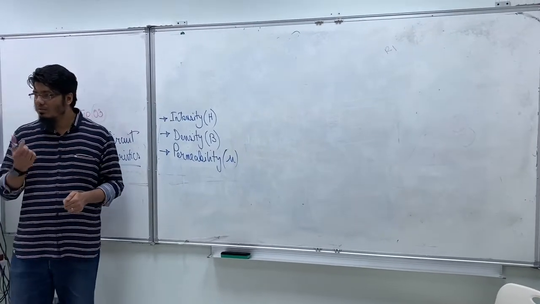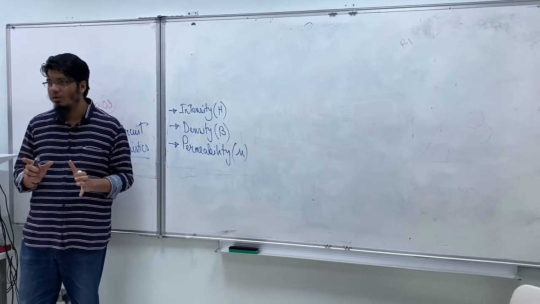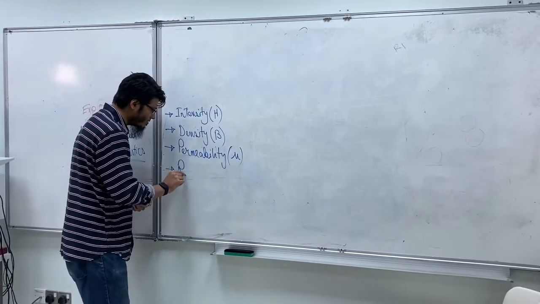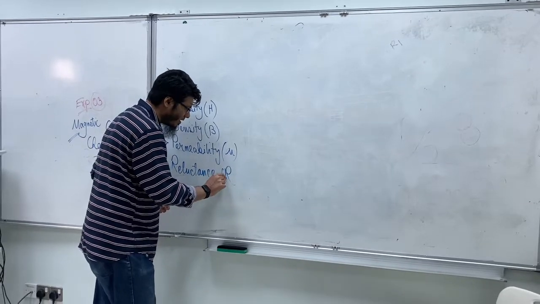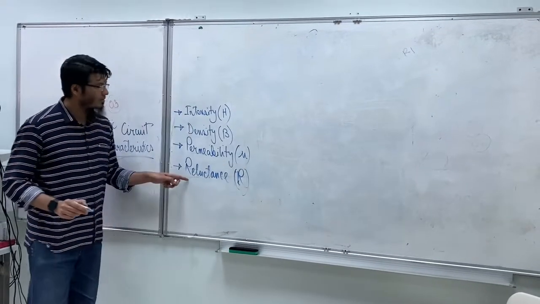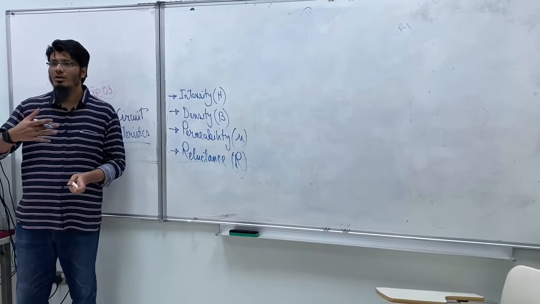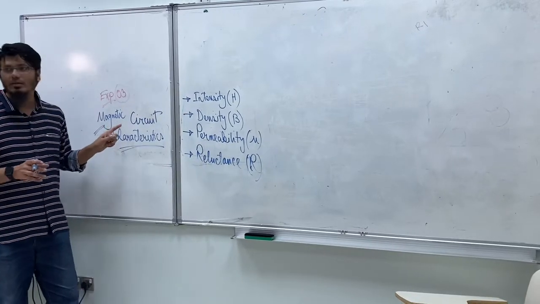This is how easily the magnetic flux lines can establish in a core. And the fourth one is the reluctance, which is denoted by R. This is another characteristic, right? That means this is the opposite force to establish the magnetic field. So these are the 4 characteristics of a magnetic circuit, right?